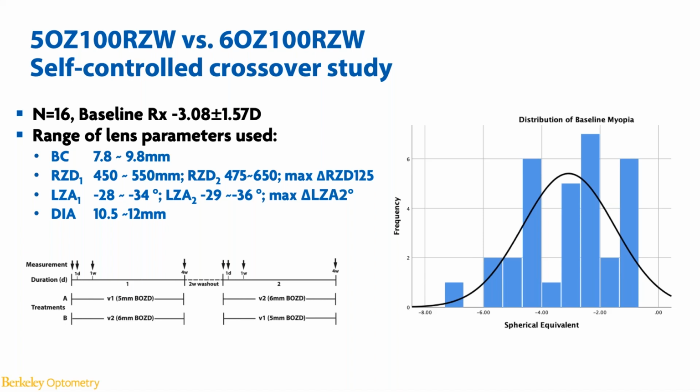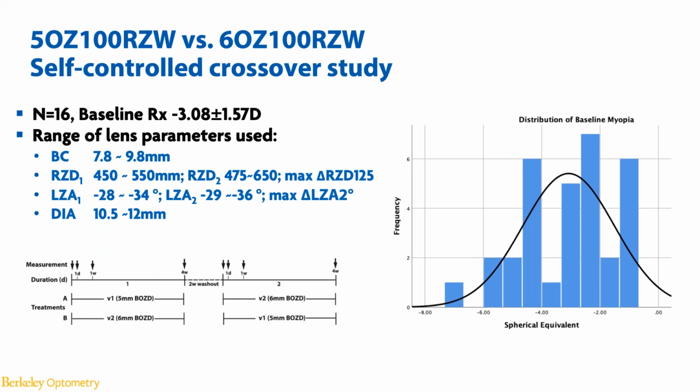And again, we have utilized a self-controlled crossover study. So for this study, even though it's still a pretty small study, we have 32 eyes of 16 subjects enrolled with a baseline level of myopia of slightly over -3. And here I'm also listing the range of the lens parameters we have used.